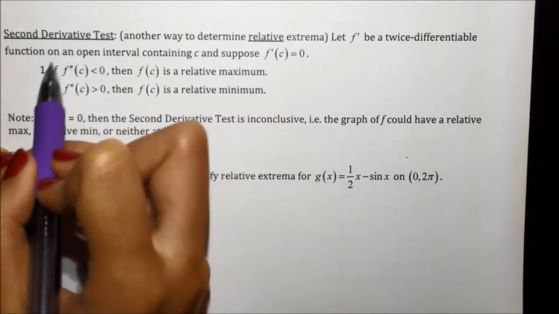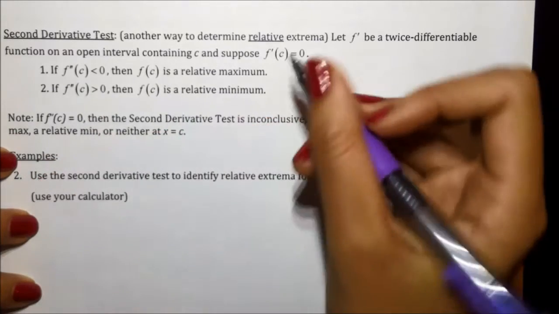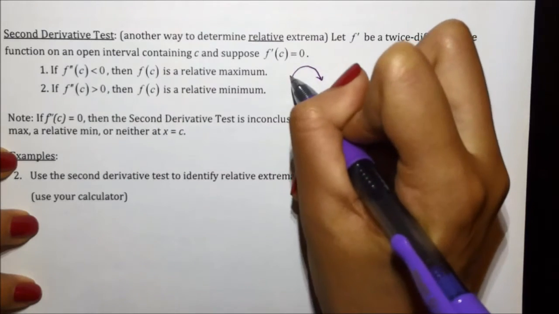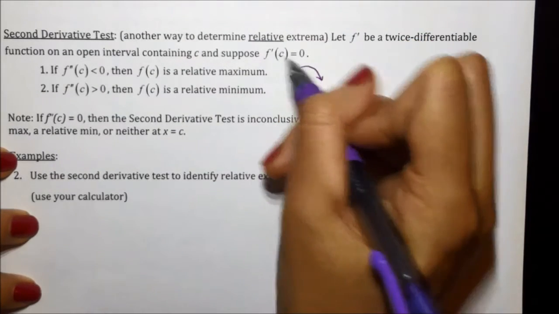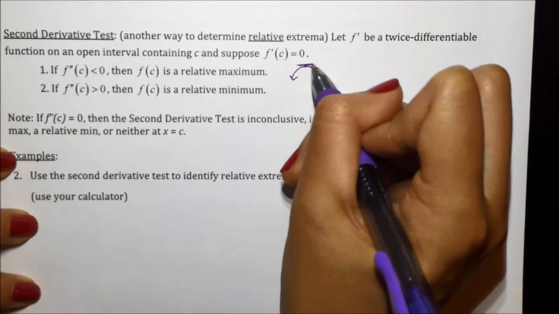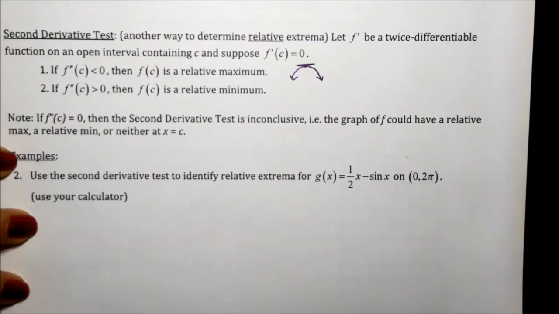What this is saying, the second derivative being less than 0, means that it's concave down. If you've got a concave down function, and you know that your first derivative has a horizontal tangent line, you know that you're going to have a maximum at that point.